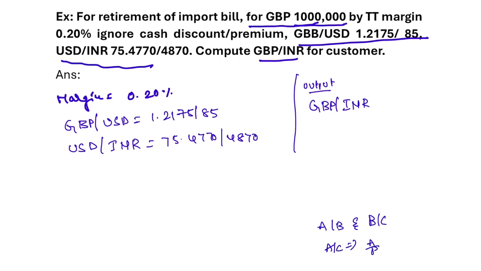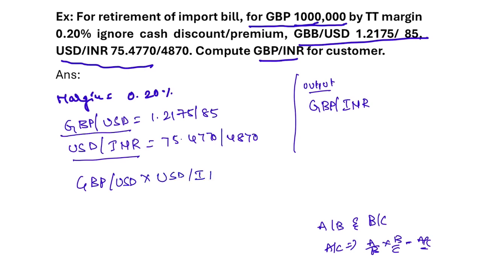A by B into B by C, then automatically A by C will come. The same thing happens here. He has given GBP by USD and USD by INR. So GBP by USD into USD by INR, so that we will get GBP by INR. Right?